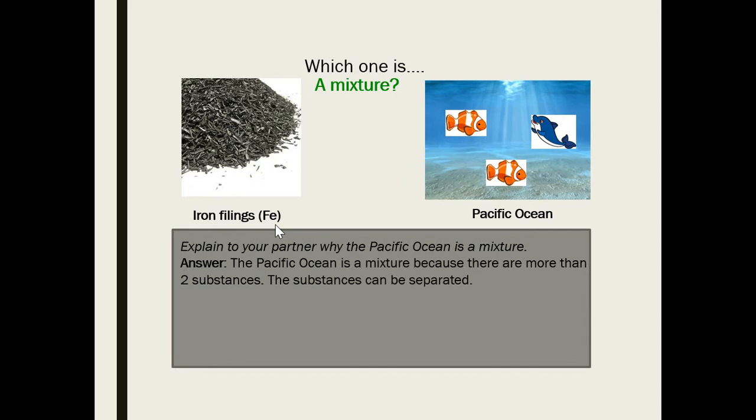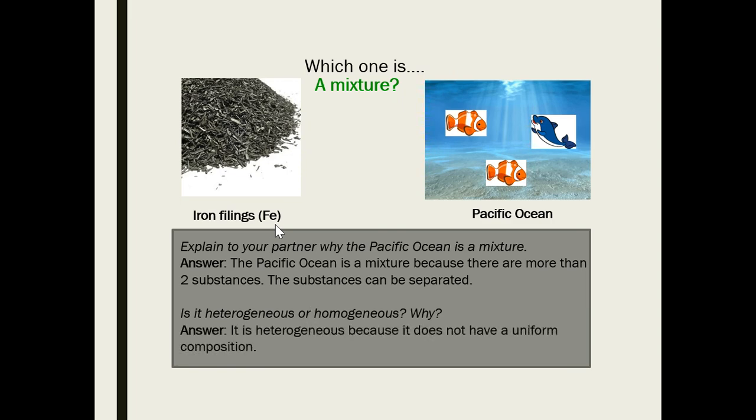So Pacific Ocean is a mixture because there's more than two substances, and they're separated through physical means. Is that going to be heterogeneous or homogeneous? Well, depending on how you look at it, but in our situation here with the fish, that would definitely be heterogeneous. It's not uniform. If you had just salt water or just the ocean water, it might be different.